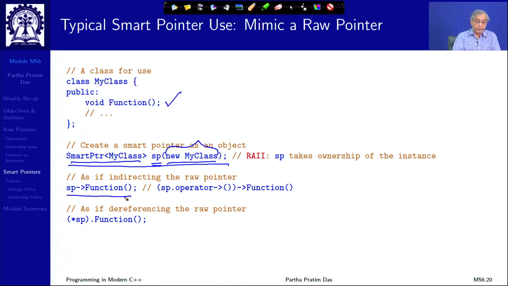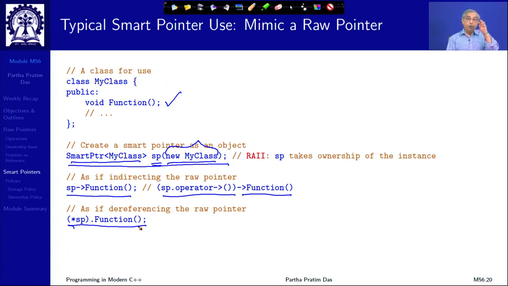And then I can do, as I do with a pointer, similar way SP pointer function, because SP pointer function is SP dot operator indirection, and what will that give me? That will give me the internal pointer, and on that the function will be called, which is a normal call, or it can work as dereferencing exactly in the same way.